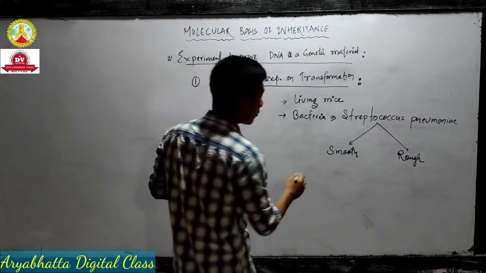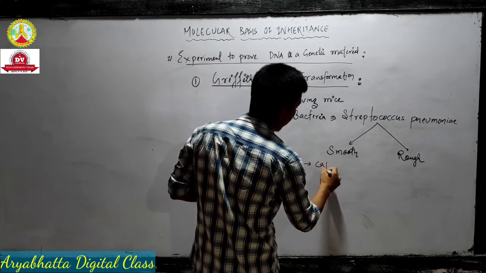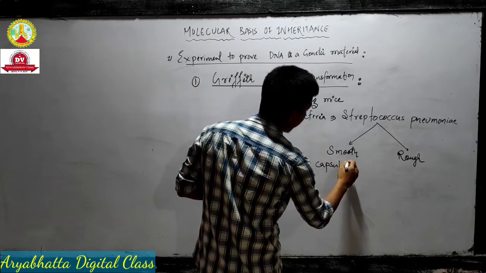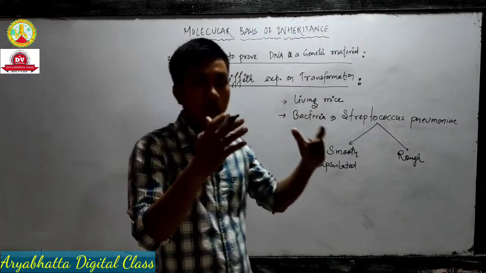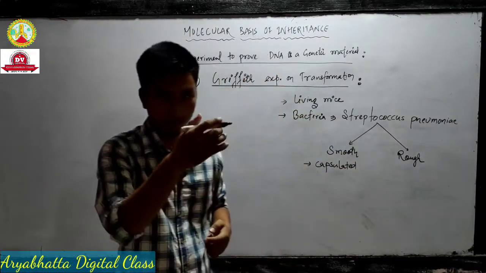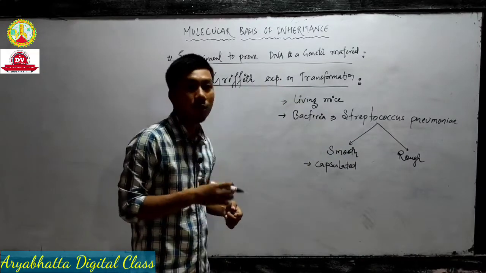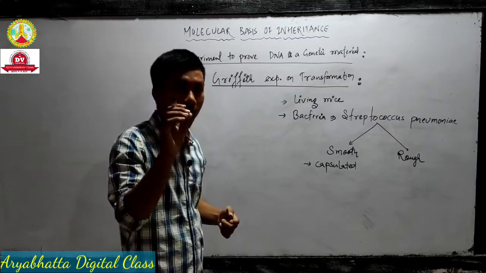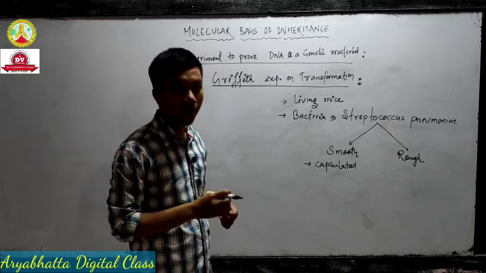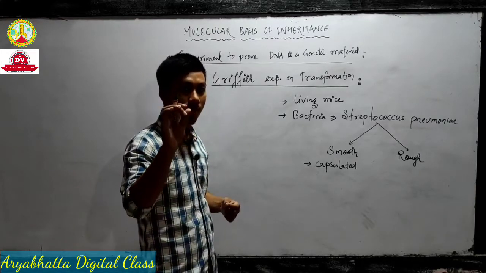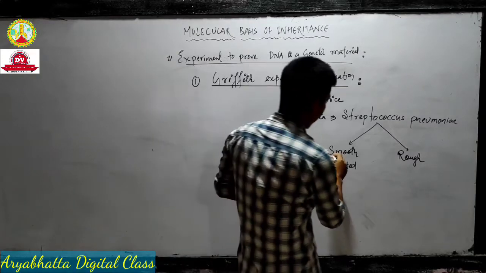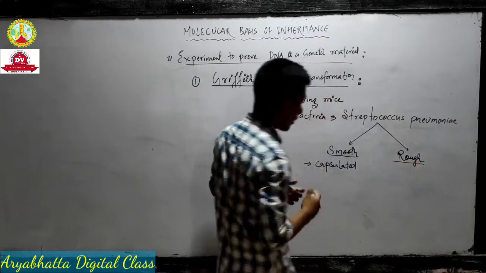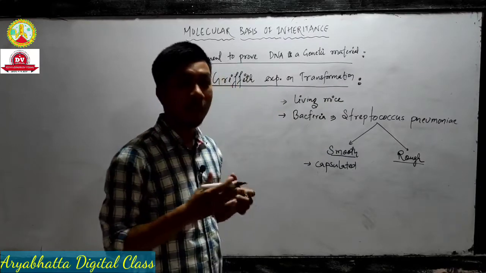The smooth body is due to the capsulated layer that is present outside the body. Their body wall is covered with a capsule, and this capsule produces thick mucous substances. Why does it make it smooth?